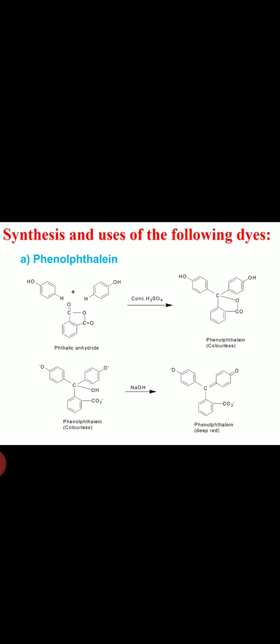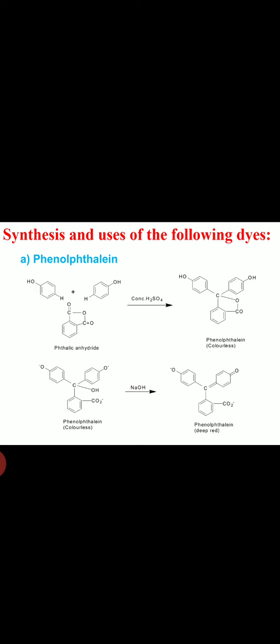First of all, we see the synthesis of phenolphthalein dye. It is very much friendly with us because we use this phenolphthalein as an indicator in our laboratory. So let me see the dye, how it is prepared.